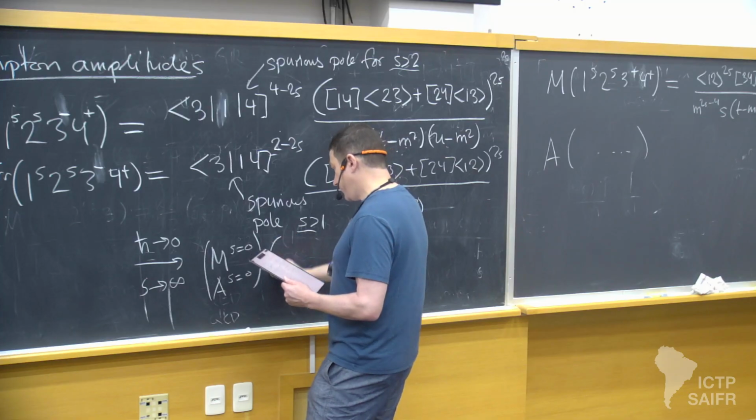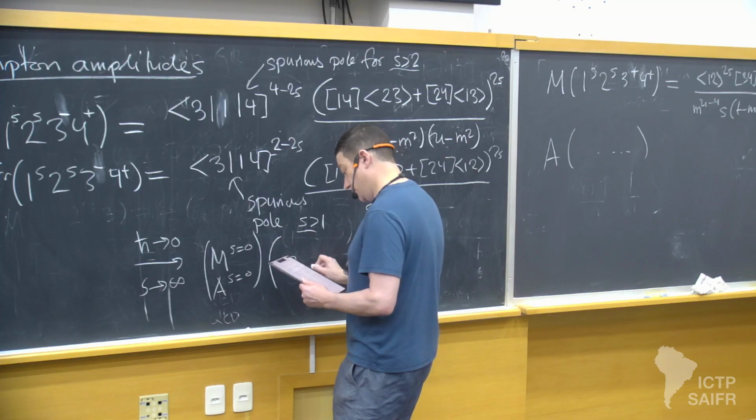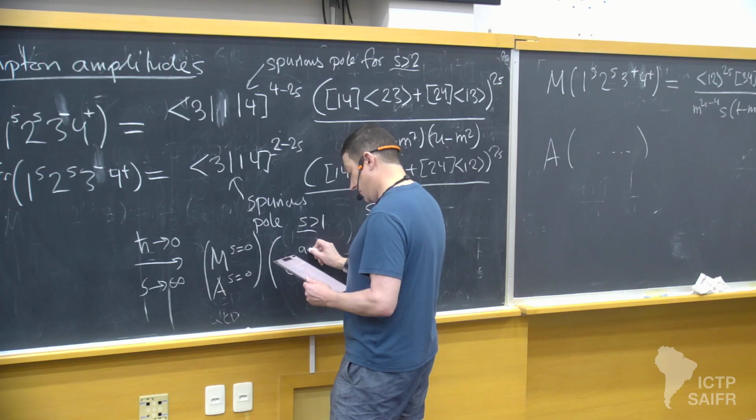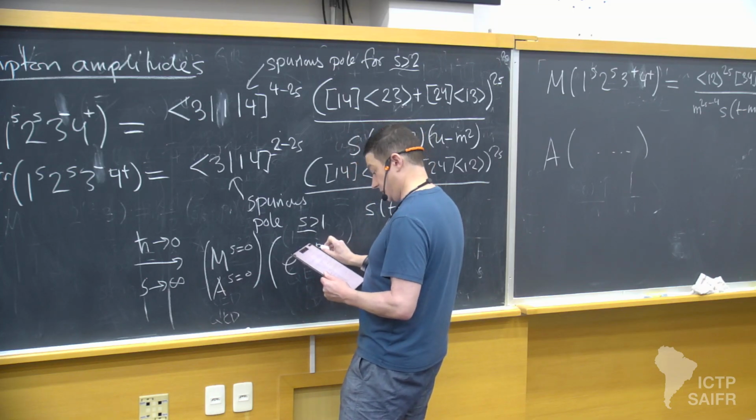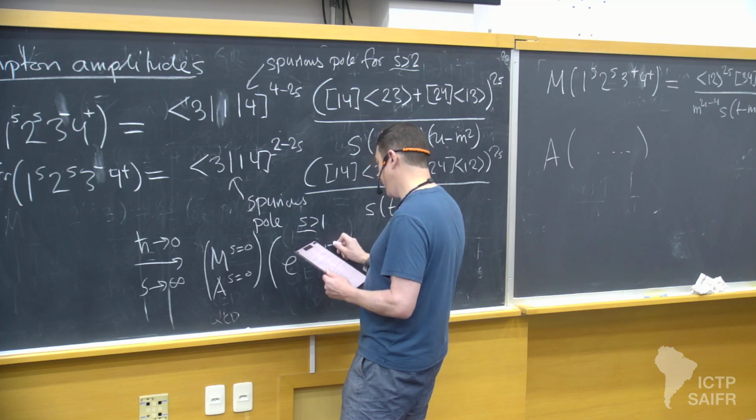And then you get e to the a dot p3. Let's see, what is it? p4 minus p3, I think.